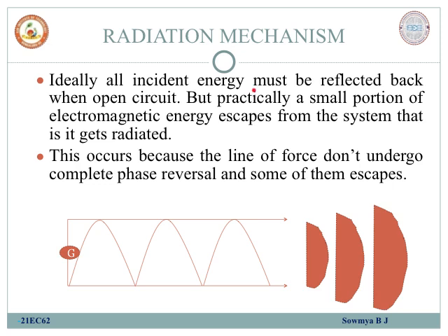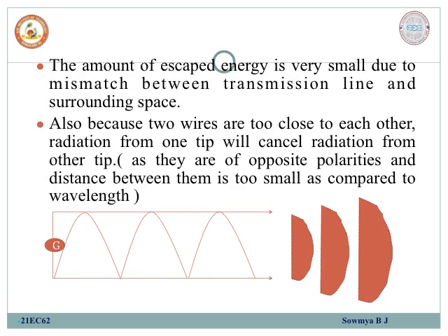Usually all the incident energy must be reflected back whenever there is an open circuit, but practically what happens is a small portion of the electromagnetic energy escapes from the system and then gets radiated. The reason for this is that the lines of force do not undergo complete phase reversals, and some of the wave escapes.